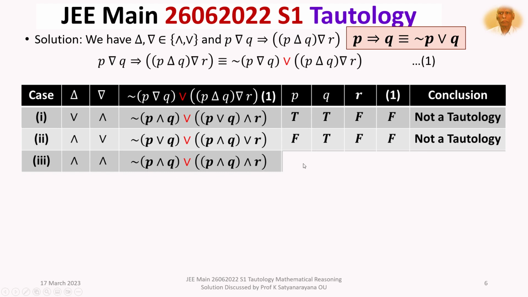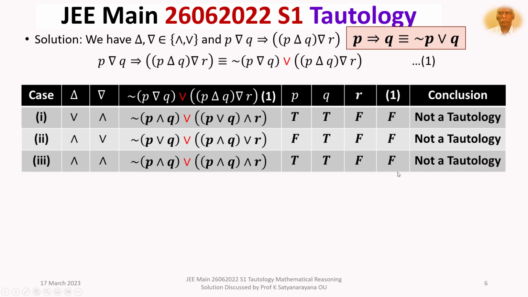Take the truth values for P, Q, R respectively T, T, F. Then P and Q, T and T is T. T and F is F. Negation of T is F. F or F is F. So Boolean expression 1 takes the truth value F. Therefore, it is not a tautology.